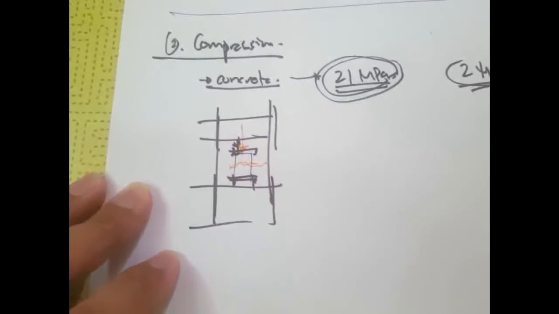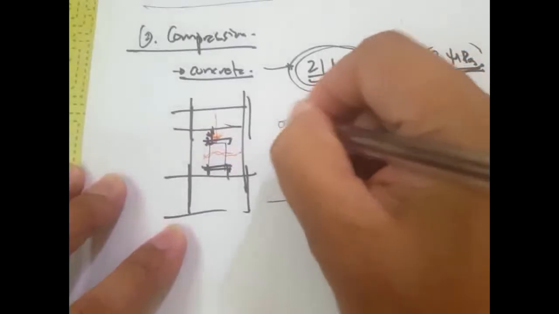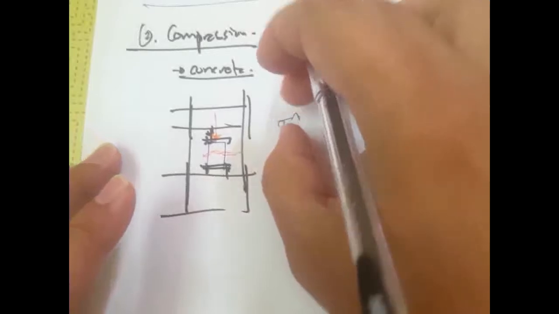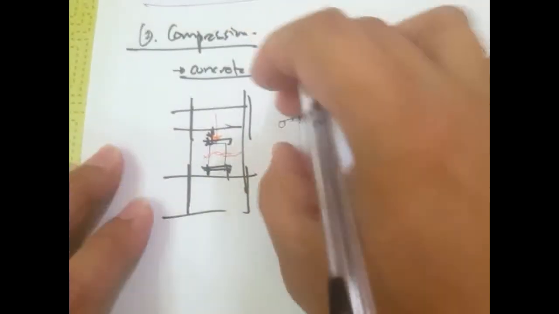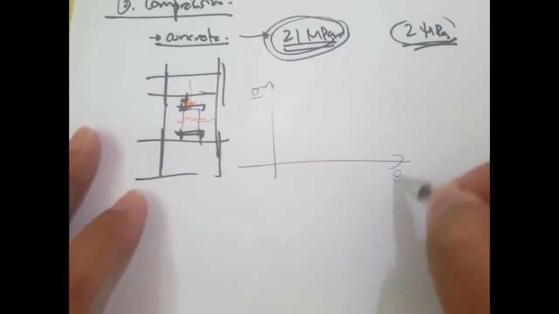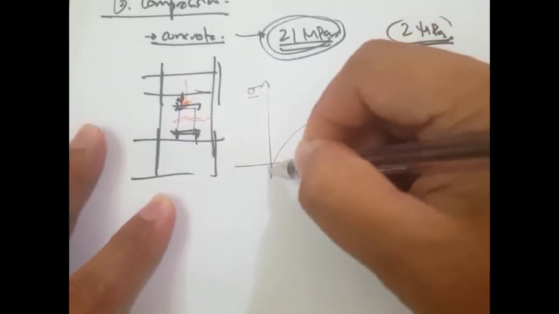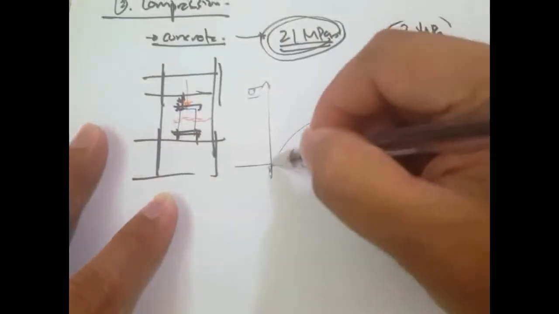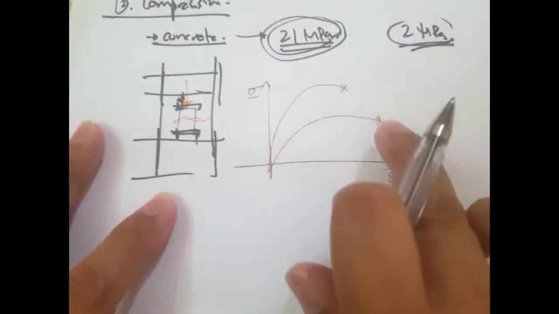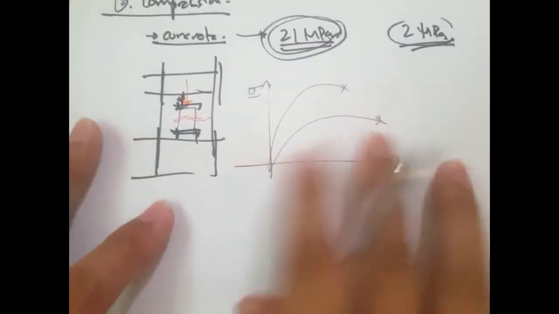And the shape of the stress strain curve, take note, this one is stress, but this is compression, and this is of course strain in compression. It was noticed that the curve for concrete is something like this. You would see that it has a different curve than that of steel in tension.